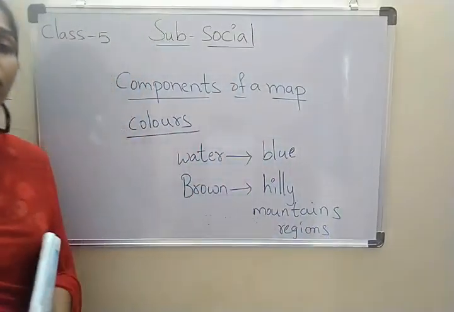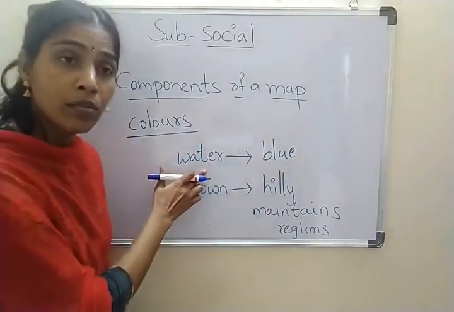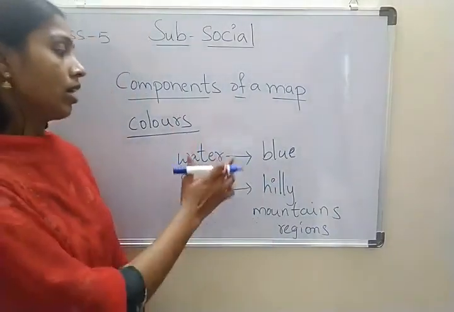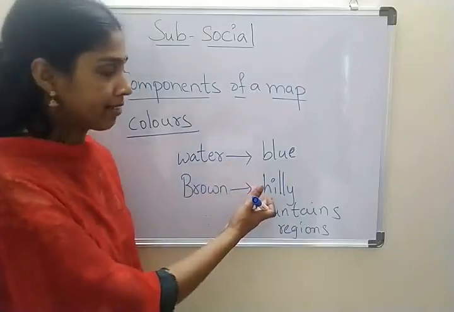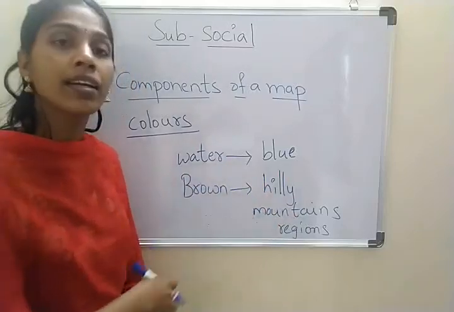Have you understood, children? Water bodies are always blue. Okay, brown always indicates hilly or mountain regions.